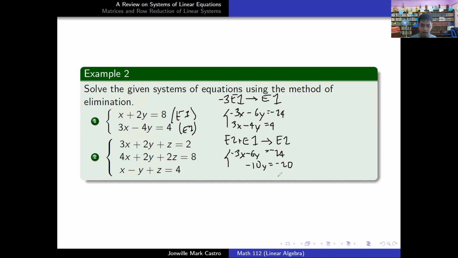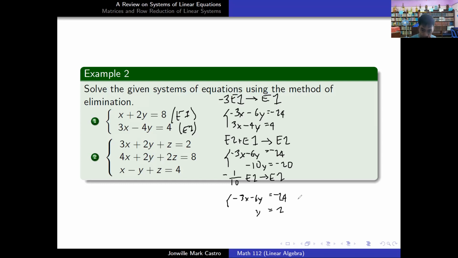Next. So, yung second equation natin, pwede tayong divide by negative 10, or multiply by negative 1 over 10. Multiplying by a scalar. So, we have negative 3x minus 6y equals negative 24. So, ay y equals 2.